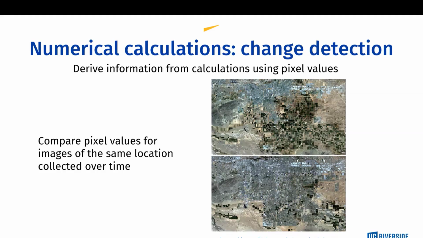As you can probably imagine, something in this area that was an agricultural field in 1985 would have a different reflectance, right? A different pixel value than the same area now that it's all built up later on. So that's a great way that GIS can help quantify the amount and extent of change over time by doing those kind of calculations.